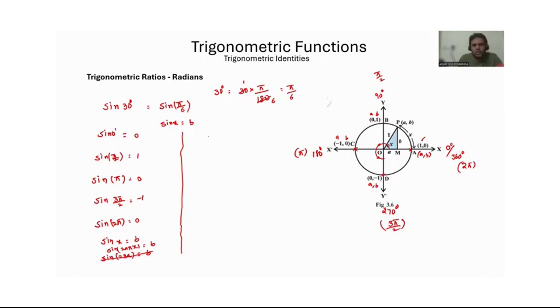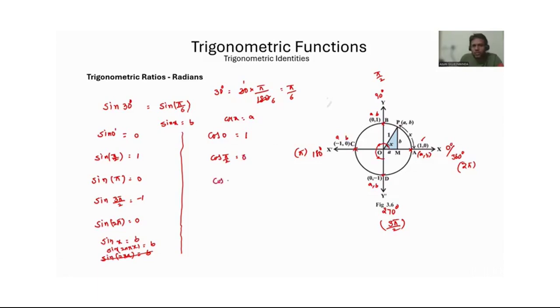Or let's look at cos, right? So cos 0. What is cos 0? The point at a, which is basically what is cos x? Cos x is a. So cos 0 means this is the point a. So what is the value of a for x? It is 1. So cos 0 is 1. Then what is cos π/2? Cos π/2 is this point at b, so a is 0 there, right? 0.